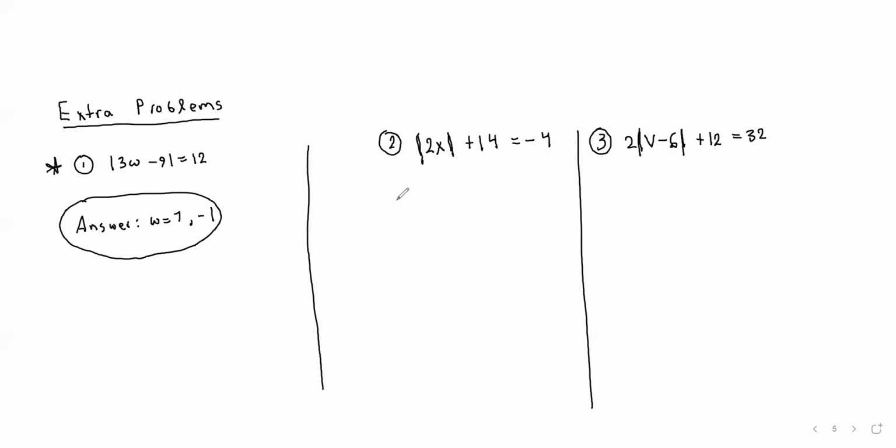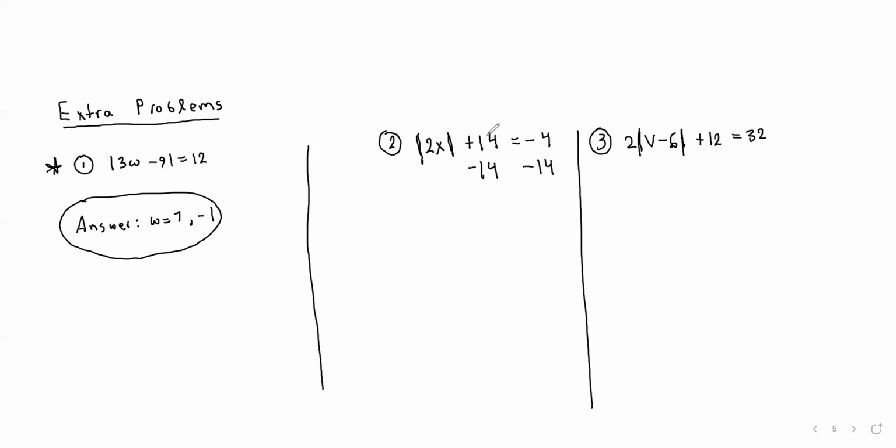Okay, to problem 2. Hopefully you have tried it. We're going to go through the same rules as we have been. Our first step to solve this problem is to isolate the absolute value, so we need to get rid of this positive 14. My first step is going to be to subtract the 14 from both sides of this equation.